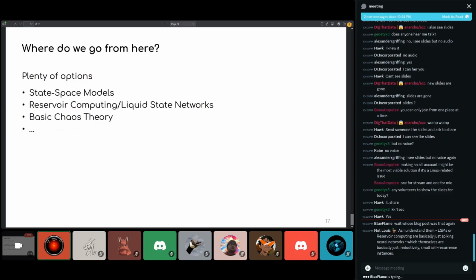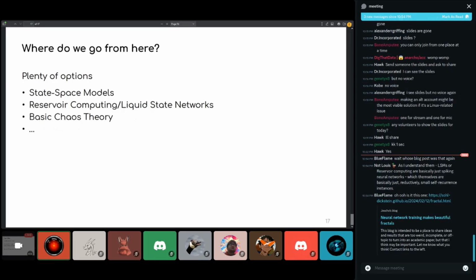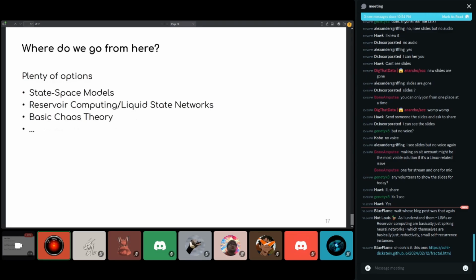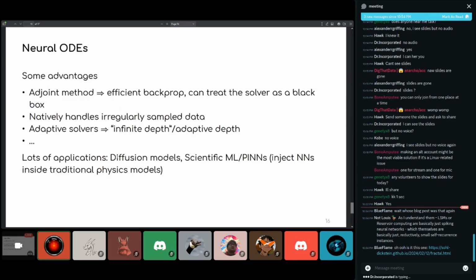But it would take an entire session to explain. As I understand them, LSMs and reservoir computing are basically just spiking neural networks, which themselves are basically just small recurrent networks. Yes and no, at least maybe for liquid state networks. But if you look at how people construct these reservoir computers, it looks like utter bullshit.